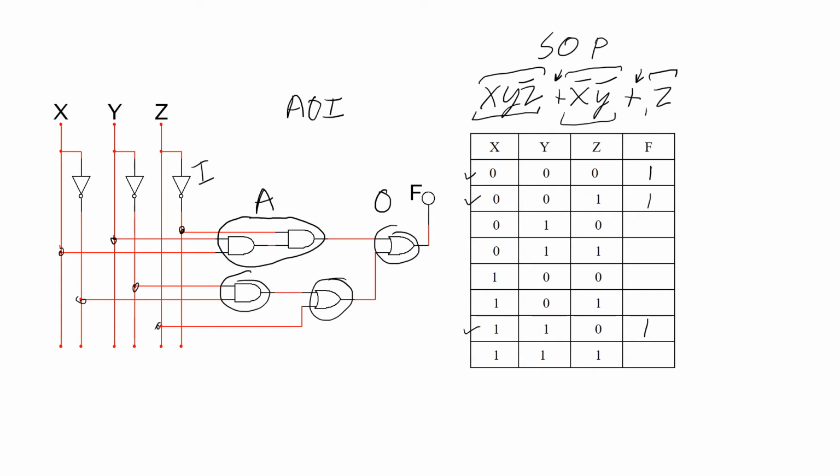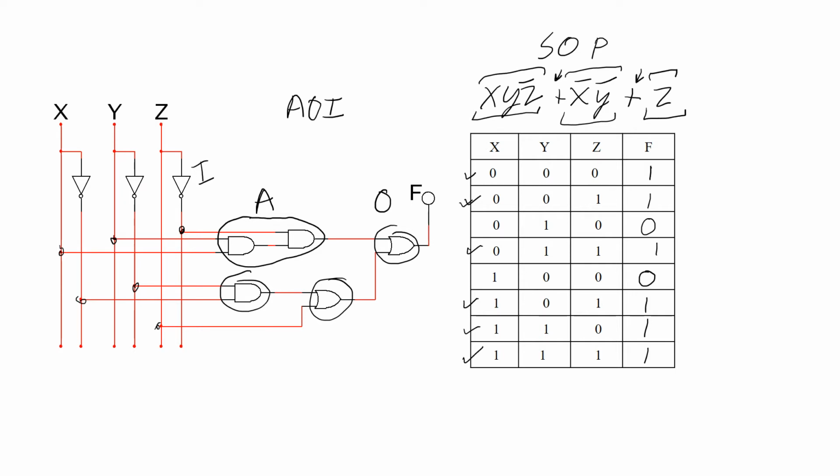And then finally, I'm looking for every place that Z is 1. Z is 1 here. Well, I already did that one. Z is 1 here, and here. So every place Z is a 1: there, there, and there. Everybody left, I'll fill in with a 0. And that is my truth table from an SOP, or sum of product, expression.